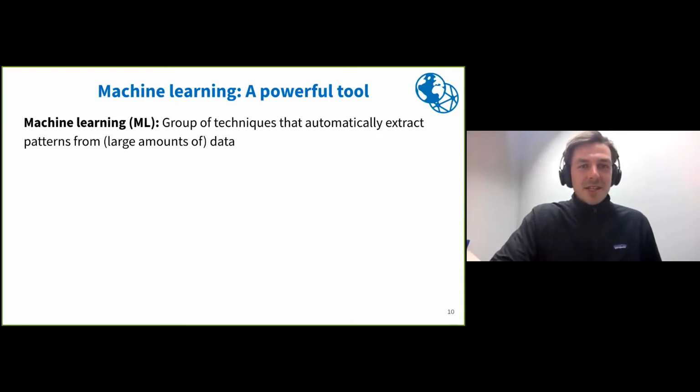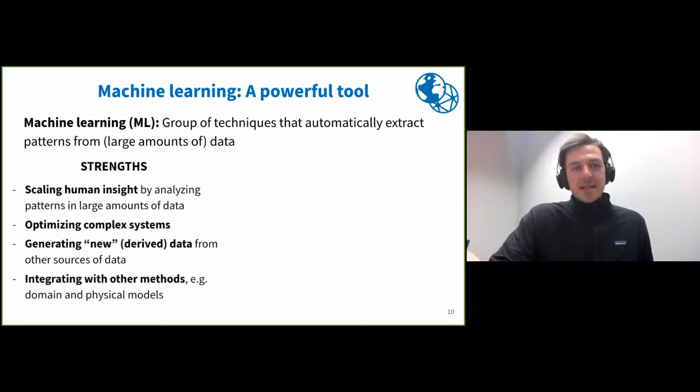So in general, machine learning is a group of techniques that helps us to automatically extract patterns and connections from large amounts of data. The strength that machine learning gives us is that we can scale human insight to very large scales by analyzing large amounts of data, where before we would have needed real experts, humans in the field.